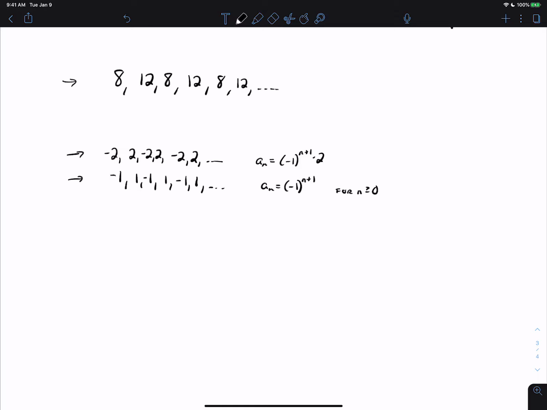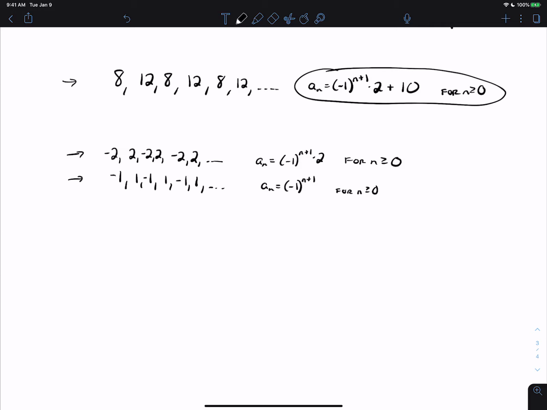Now this isn't the sequence that we want, but it's spaced out by the same amount. So now to go to 8, 12, 8, 12, we can simply add whatever we need to get from -2 to 8 and from 2 to 12, and in both cases that's 10. So if I add 10 to everything, then I'm going to get the sequence that I want.